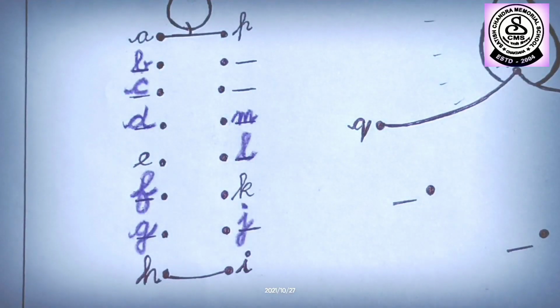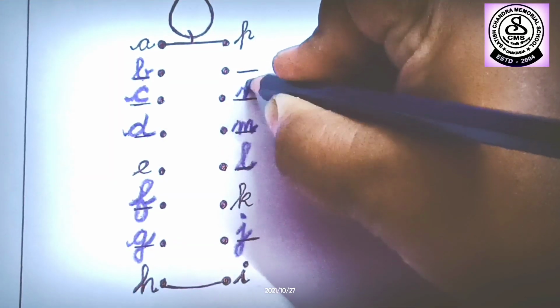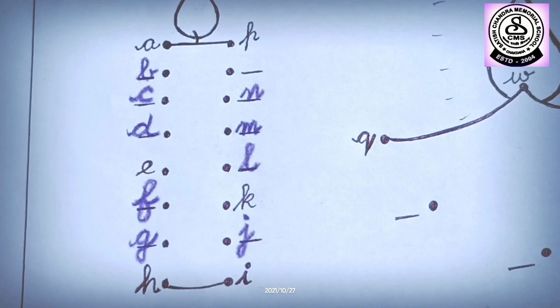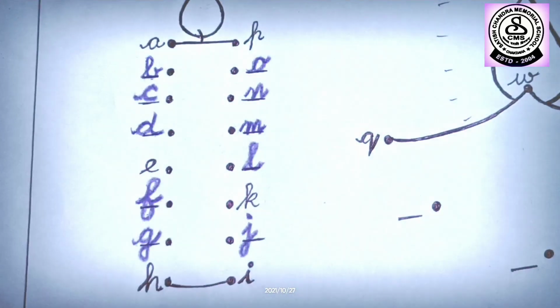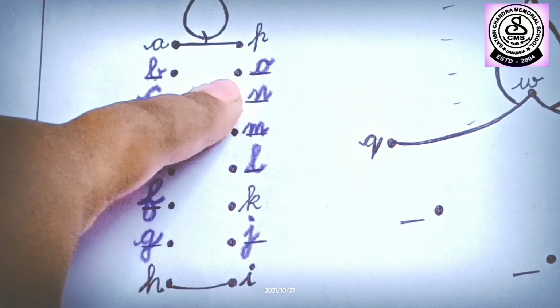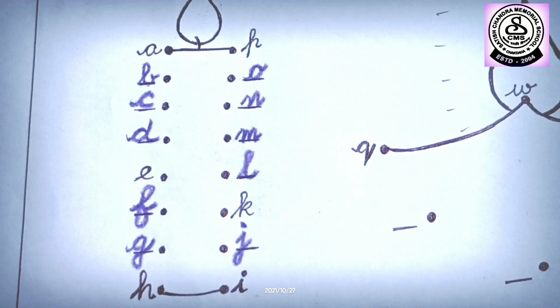M. What comes after M? N. What comes after N? O. Then what comes after O? P. So P is written here.